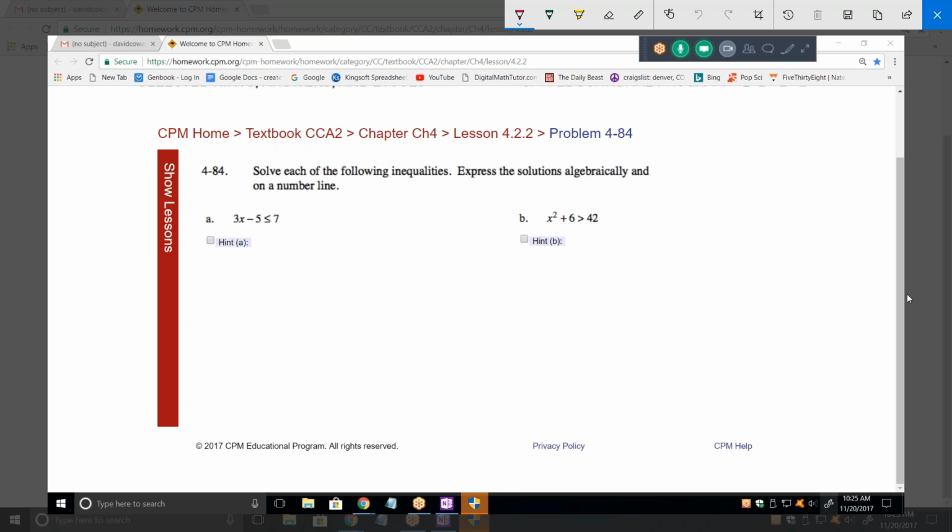I don't even care if you tell me how you do it. Just tell me what the next line is. Would it be... would you factor it? No, there's no factoring there.